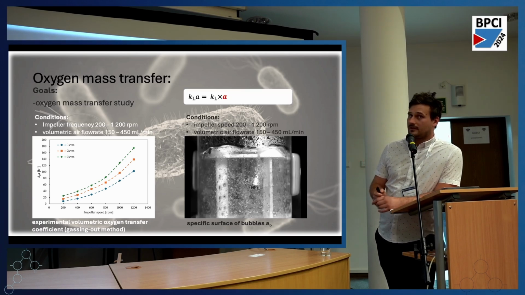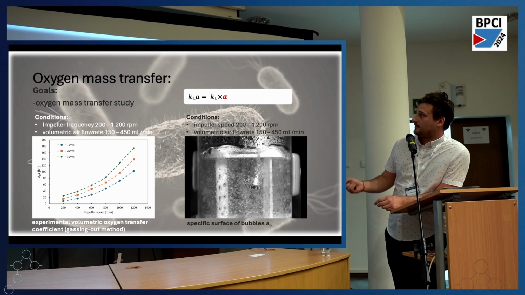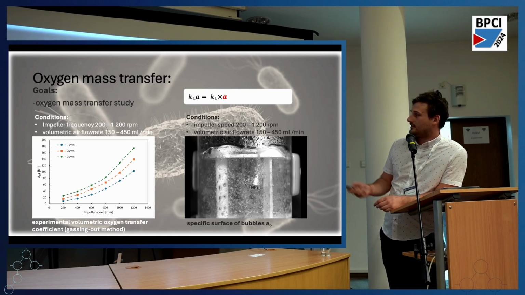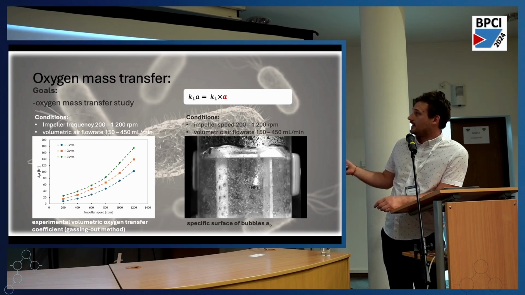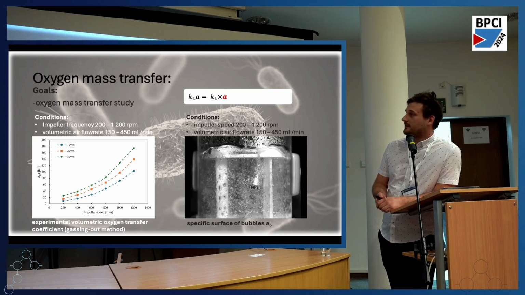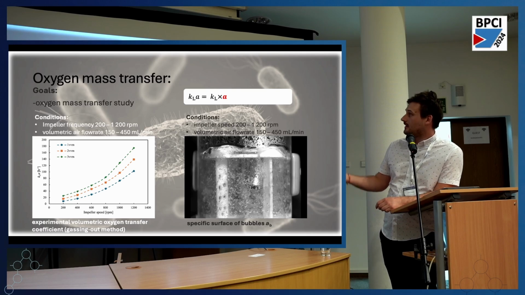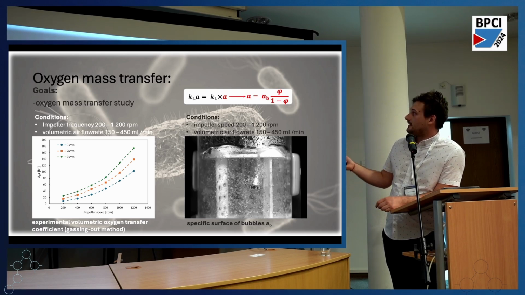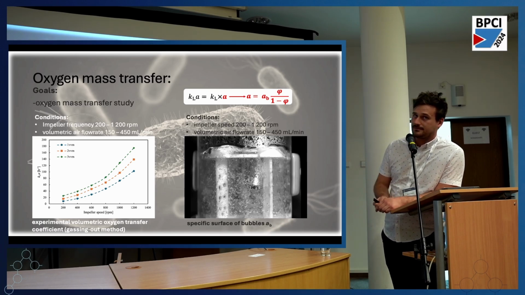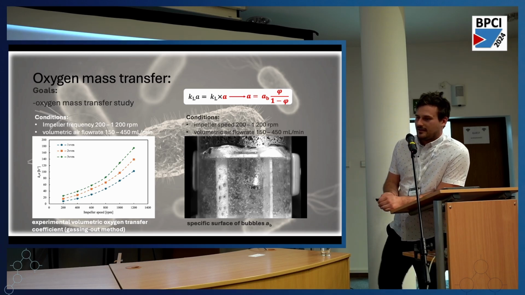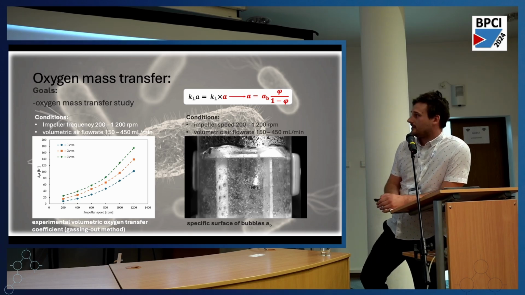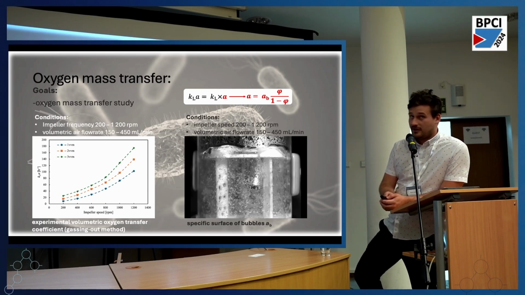Moreover, KLA as a parameter is a product of two other variables, KL, which stands for the liquid side mass transfer coefficient, and a, which stands for the specific interface surface area, which is directly dependent on gas holdup and specific surface area of the bubbles. These two variables are pretty tricky because their determination or evaluation of measurement is typically challenging.